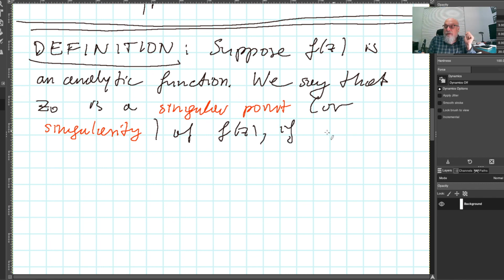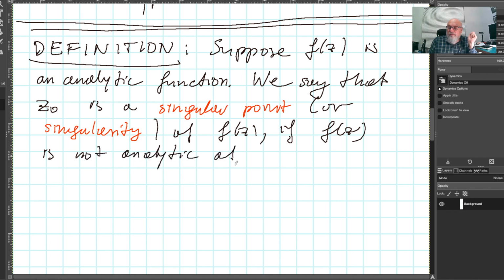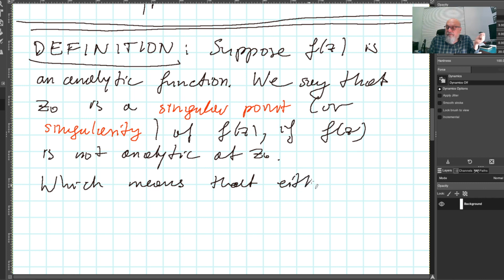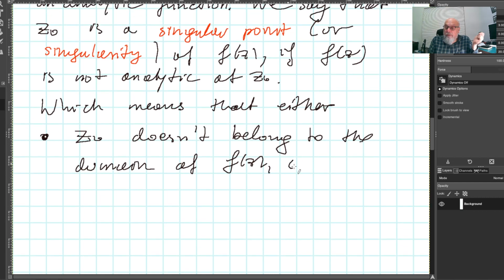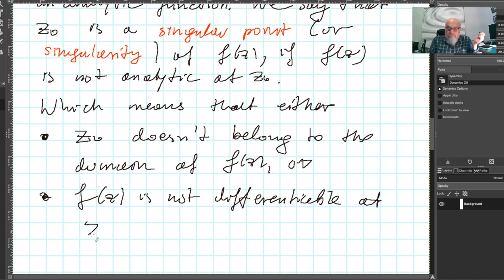If f of z is not analytic at z0. That means one of two things: either z0 doesn't belong to the domain of f of z, or f of z is not differentiable at z0.